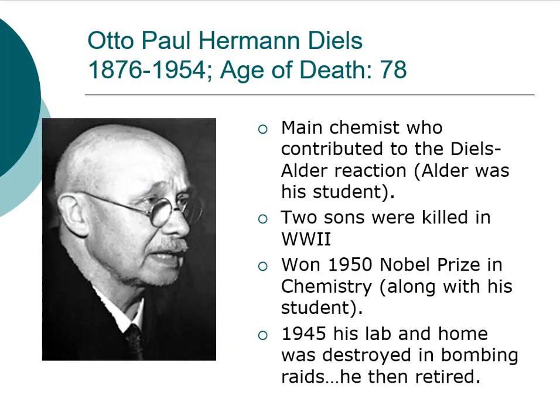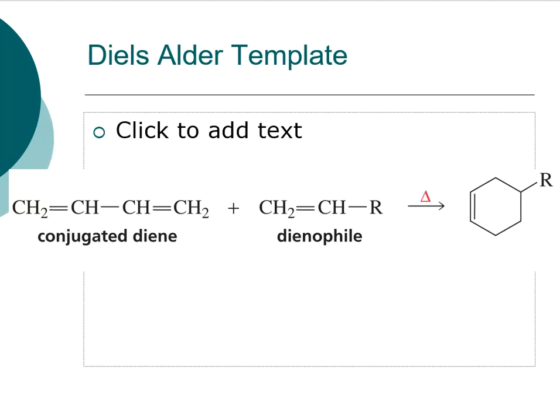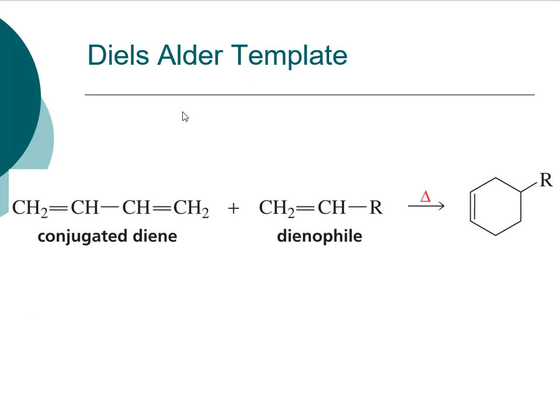Well, let's take a look at the general template. And this is what the textbook likes to show you. Again, I think this is kind of silly, because I don't think that it really conveys the message across to you. Conjugated diene to the left, a dienophile to the right.